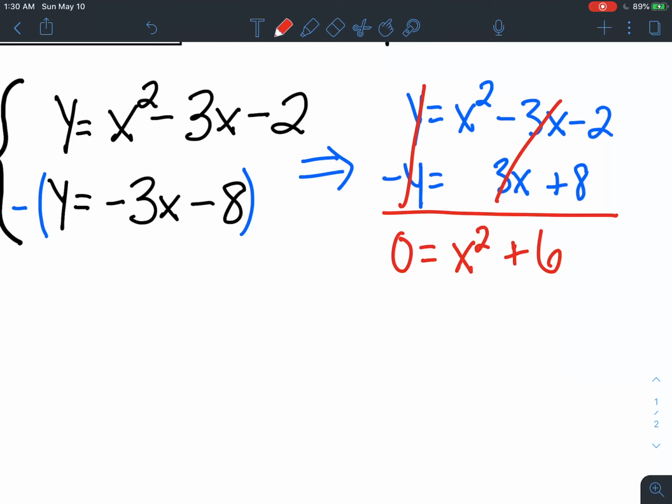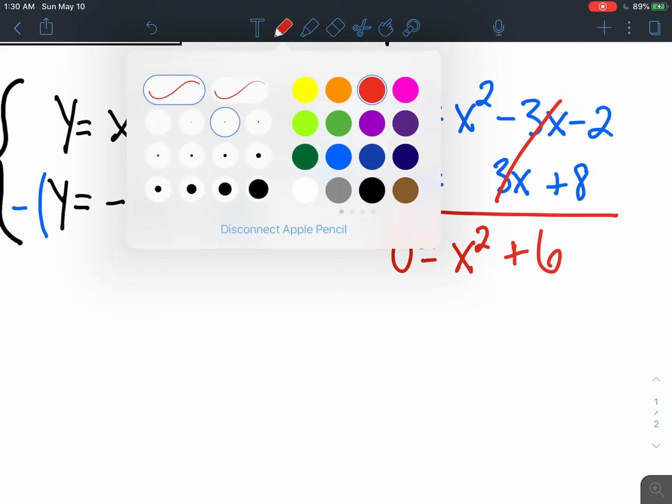For my quadratic formula, if I was going to do that method, my a value would be positive 1, my b value would be 0, since I don't have an x term, and then my c value would be positive 6. And again, that's your a, b, and your c. Your formula for quadratic formula, x equals negative b plus or minus the square root of b squared minus 4ac all over 2a. But that's not the nicest.